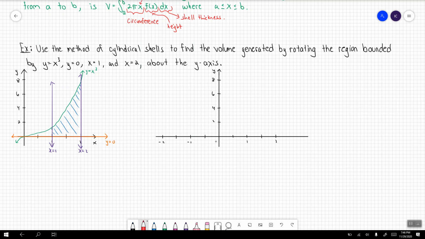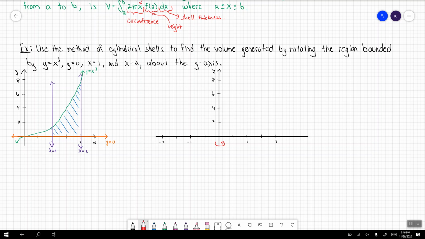The region is on the left-hand side here. The region bounded by those curves is this area in blue.